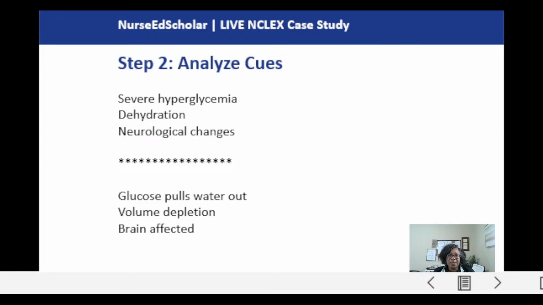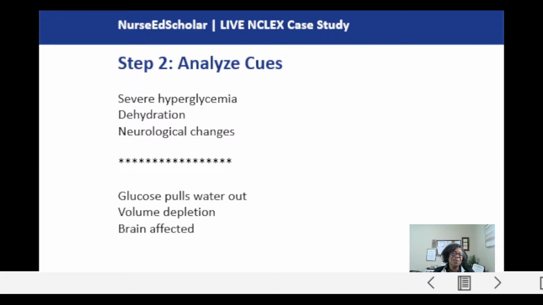So let's interpret this. A glucose of 720 is not mild. This is severe hyperglycemia, so you're going to be doing something. Dehydration tells you that for some reason fluid is being pulled out of the body, so you're going to have to act on that. What are we going to do?